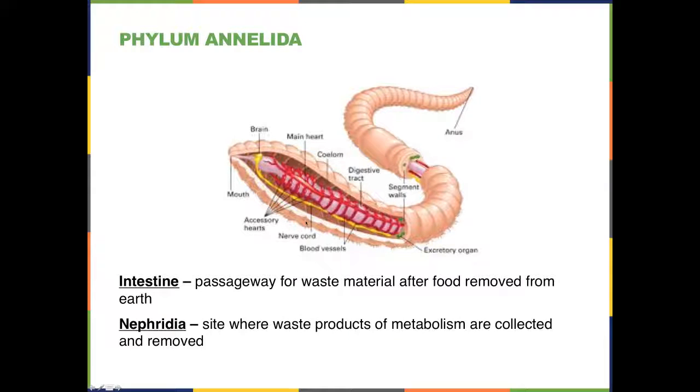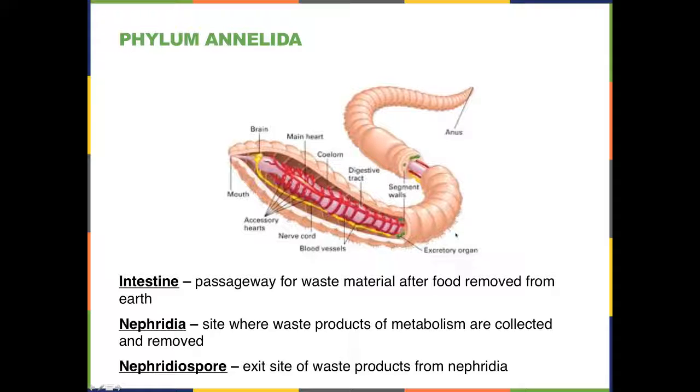The nephridia is a place where the waste products of metabolism, that's not the waste products of the ingestion of food, but the waste products of metabolism, are collected and removed, which is how we would define our kidneys. And then the nephridia pore is where this material is exited from the worm and gotten rid of. And so this is essentially analogous to, in another animal, the kidney, and then the excretory system, the urinary system.